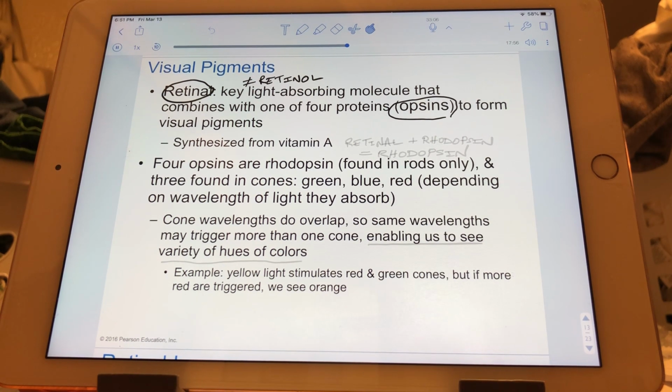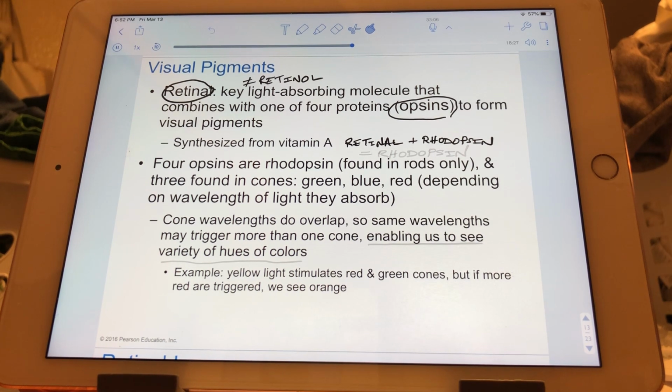And I've got some really bad, really frustrating news for you, okay? The rod photopigment is a combination of retinol and this opsin called rhodopsin. Okay?